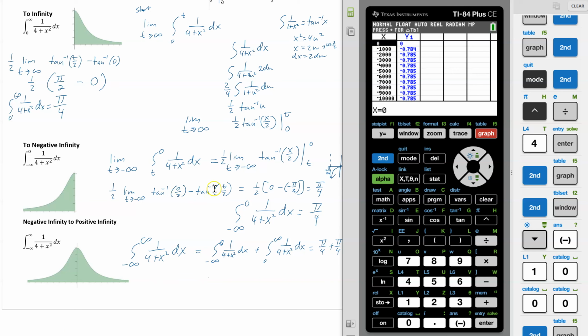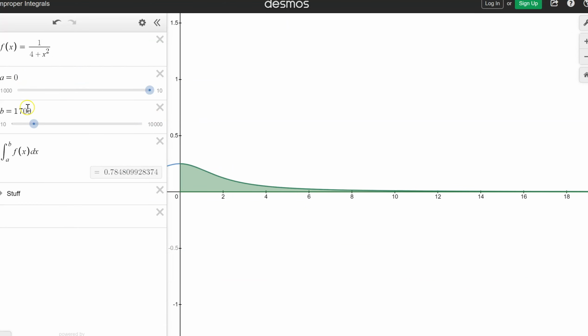I plugged them in backwards here, see? So if that was really coming out negative, it would really be positive, which is what we get. And so again, my A is 0. Here's Desmos. My B is now at 1700. As I keep getting larger and larger, you can see we are approaching it. So as our t goes off to infinity, this is going to be becoming pi over 4.